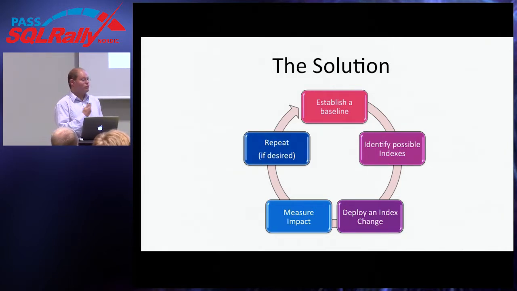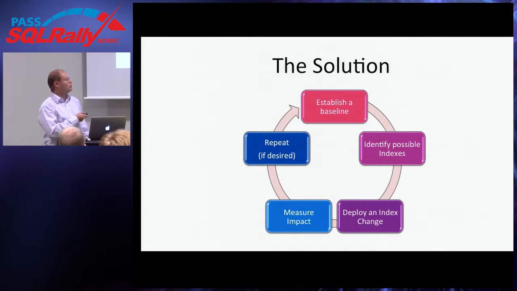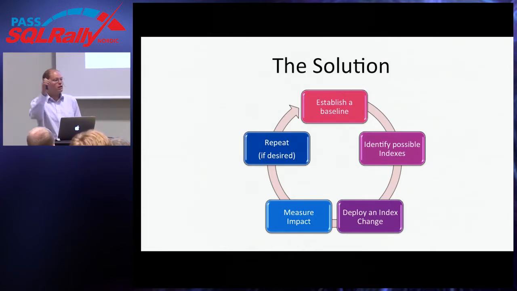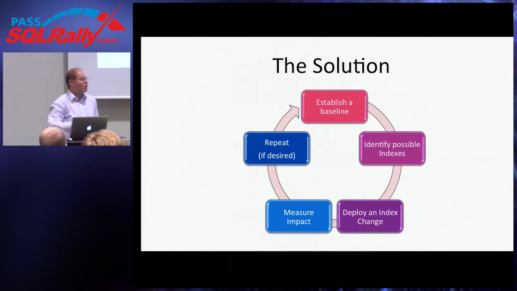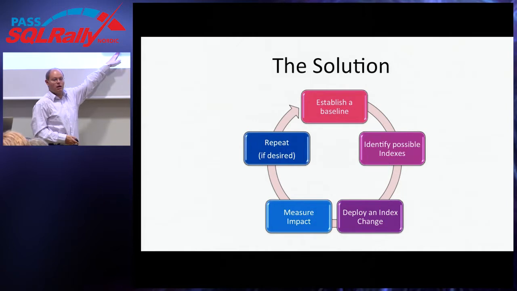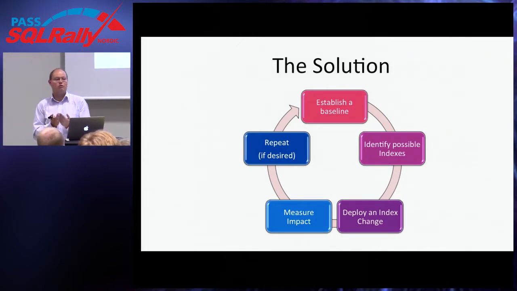Then we deploy those index changes, not to production, but maybe to a test system, an isolated test environment, and then we measure the impact. So in the first step we run our workload, then we make changes, and then we rerun our workload again and measure the runtime statistics of our workload.